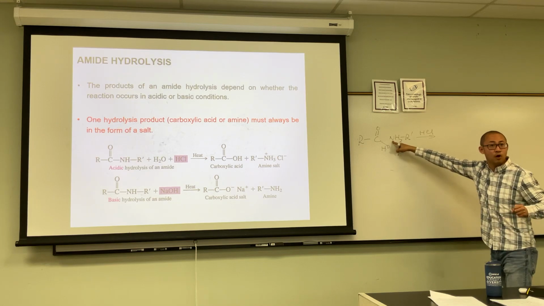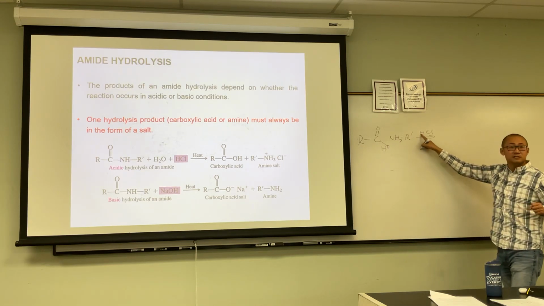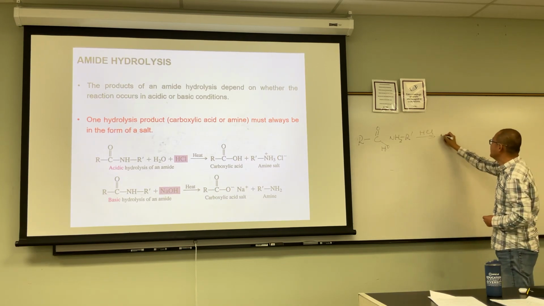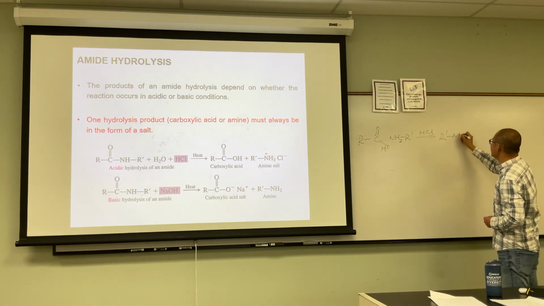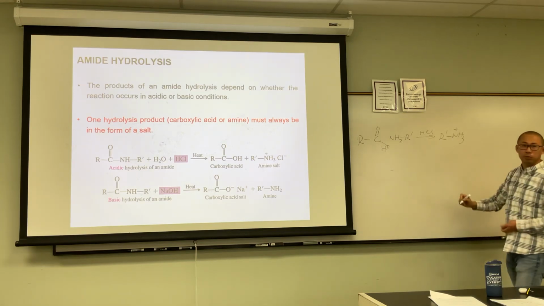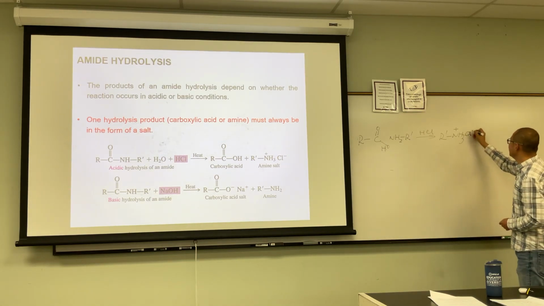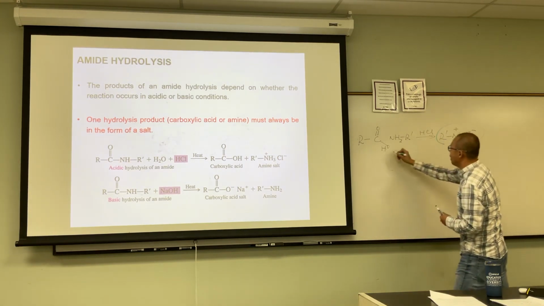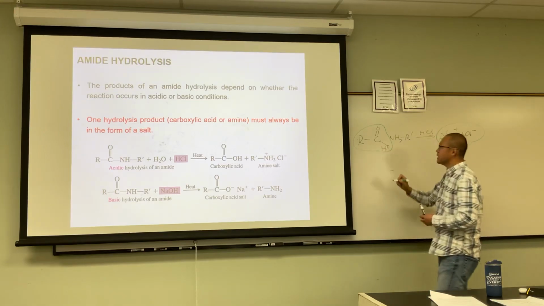The N will what? Take a hydrogen plus from the acid to become what? NH3 plus. And Cl becomes what? Cl minus. So if you have acid in the reaction mixture, these two are the final products.